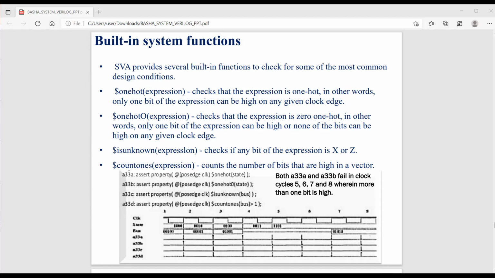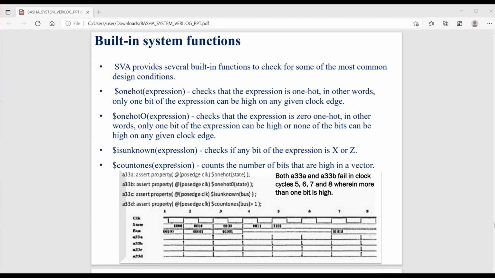And $countones. If you are giving any expression, it counts the number of bits that are high in a vector. Let's say you have given a 32-bit variable here, and you are randomly generating a 32-bit value for that variable. In that 32-bit value, if you want to know how many ones there are, you can use $countones.